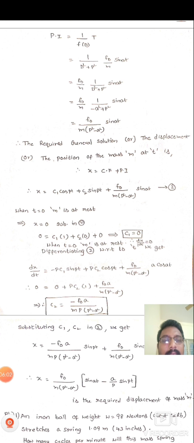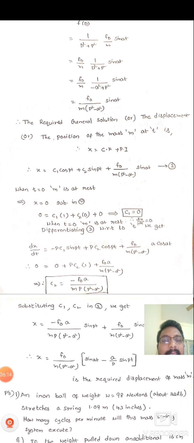Substituting these values in equation 2, for this we have to differentiate the second equation with respect to time t. So differentiating with respect to t, dx by dt is c1 constant, cos pt derivative minus p sin pt, and c2 is constant, sin pt derivative is p cos pt, and f naught by m into p square minus a square is constant, just take it out, and sin at derivative is a cos at.